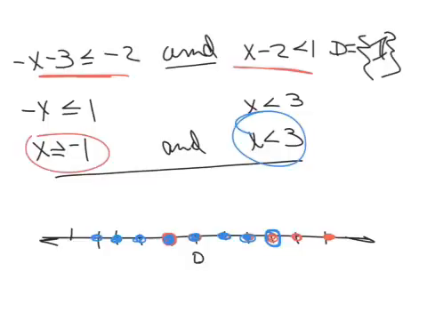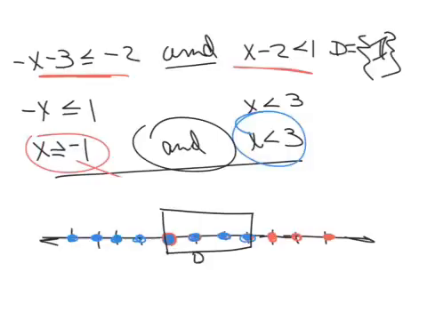Alright, I guess I shouldn't say that this one right here is an open circle. It doesn't even have to be there because we're talking integers. So the next number that is less than 3 that is an integer is 2. So there's our answer.